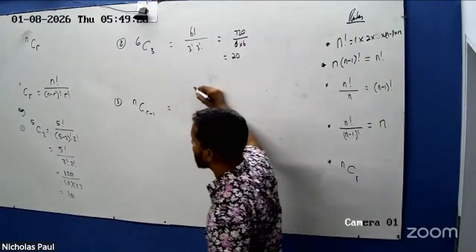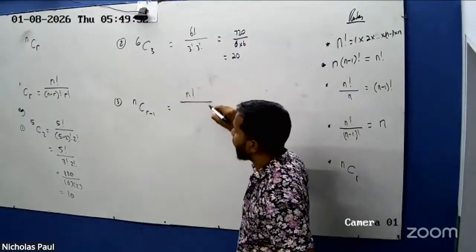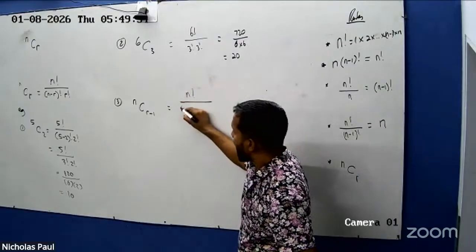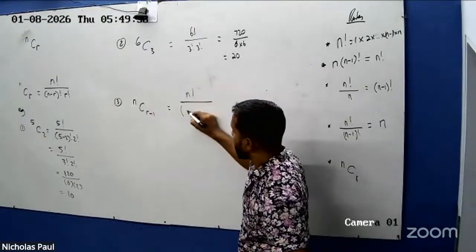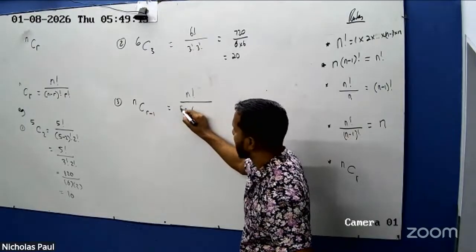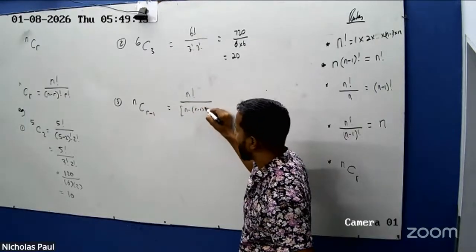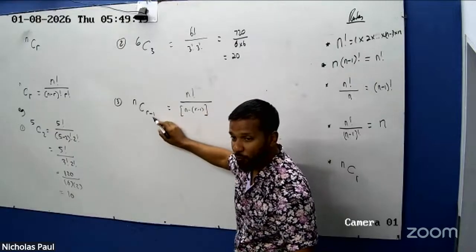Right, so you should have something like this. N factorial all over... Right, what you see? R is now what? R. So you have to put N minus open bracket, R minus what? Close brackets. Because R is R minus 1, right?